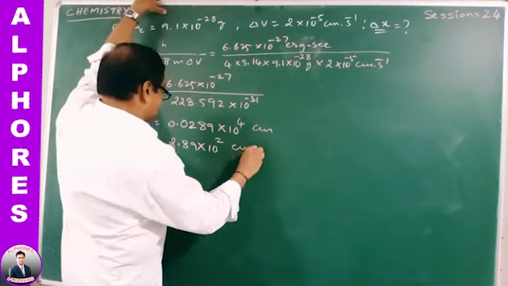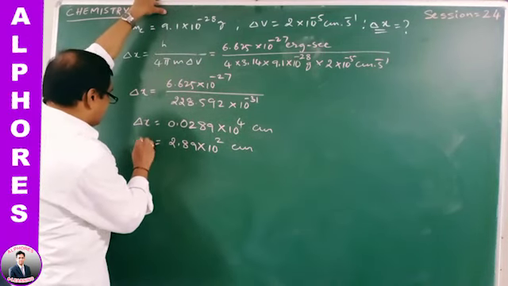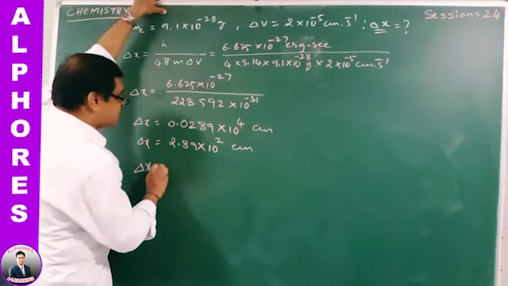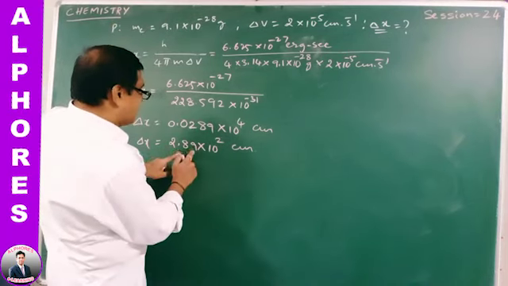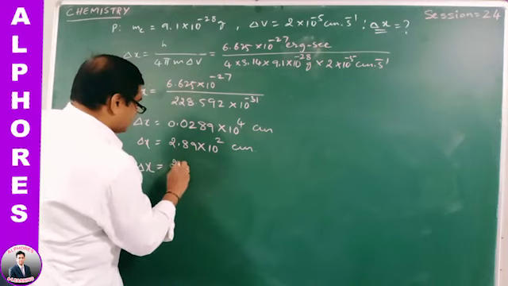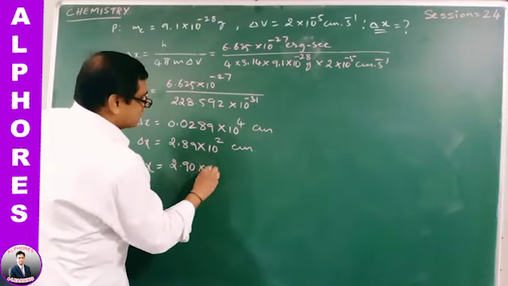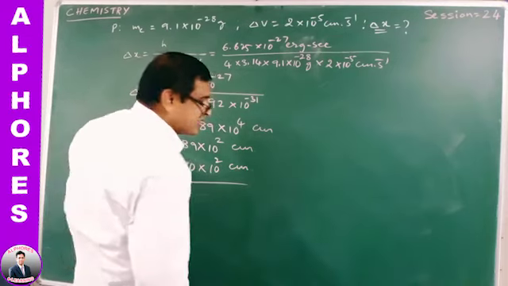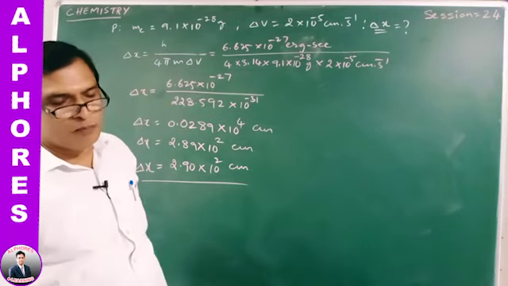So delta x is 2.89, which you can make 2.90 into 10 to the power 2 centimeters. That is the nearest option for the problem.